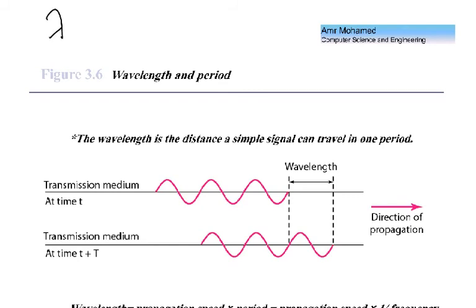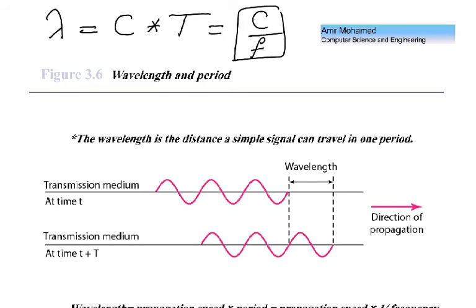The wavelength is a distance, which means it's a speed multiplied by the time, or the cycle. And we know that the time is 1 over the frequency. So the wavelength is c divided by the frequency.